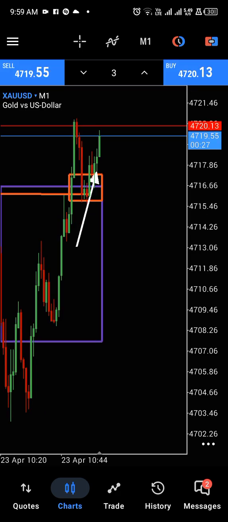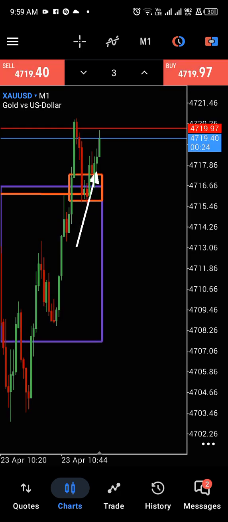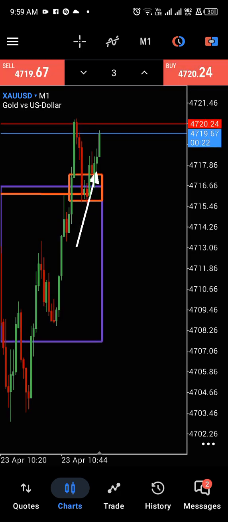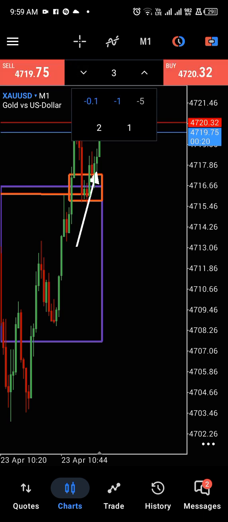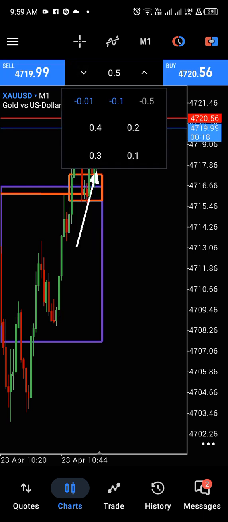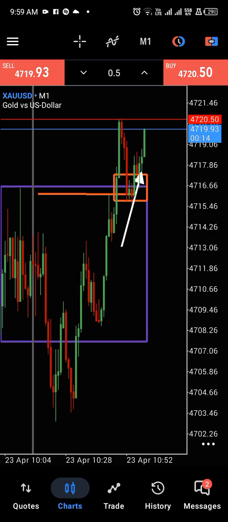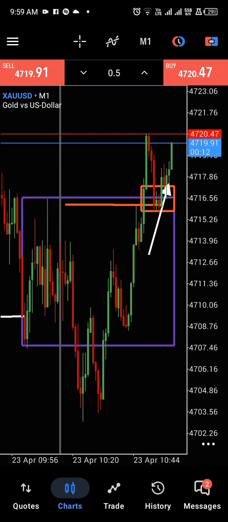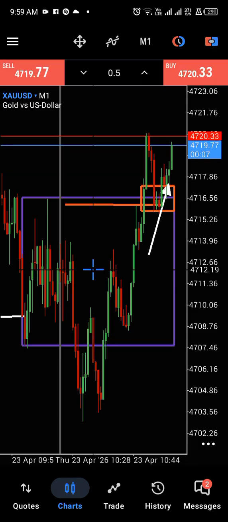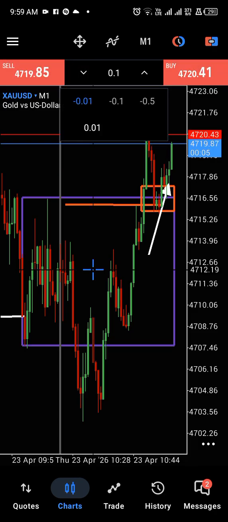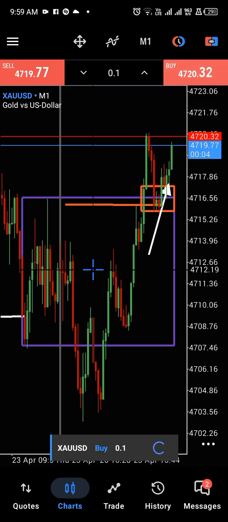So far this thing has already pushed up too much. I was going to use the smallest lot size possible and then take an entry and just watch what will happen. But already it is too far. Unless I minimize my lot size again to 0.10 and then buy it.